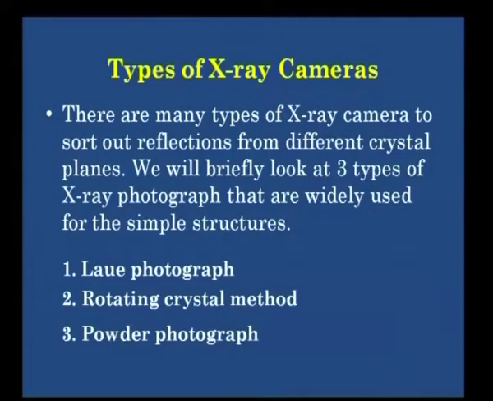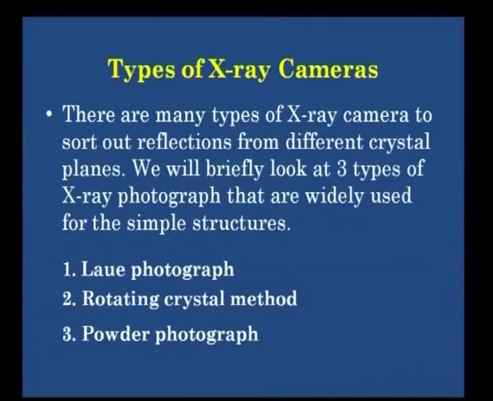We will pass on to the types of X-ray cameras used. There are many types of X-ray cameras to sort out reflections from different crystal planes. The cameras which are used to study X-ray diffraction are listed here. We talked about the Laue method; the Laue photograph, the Laue pattern we saw. Apart from the Laue pattern, we have the rotating crystal method, wherein the crystal will be rotated.